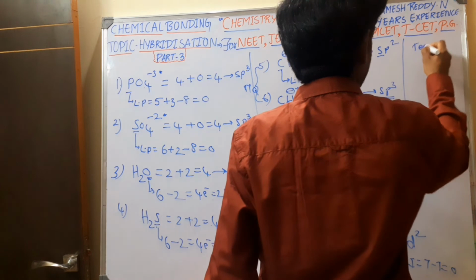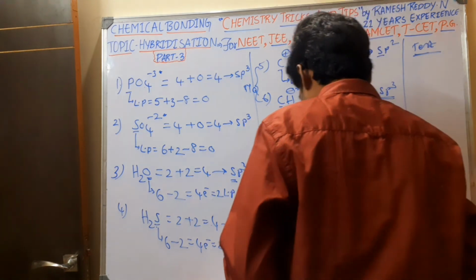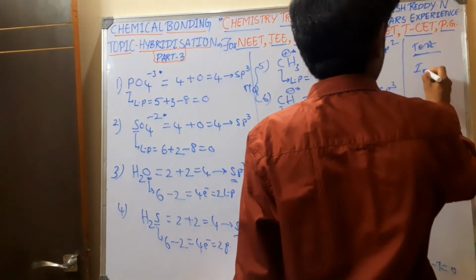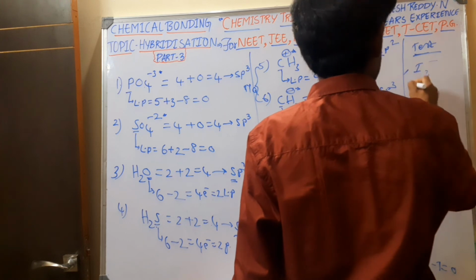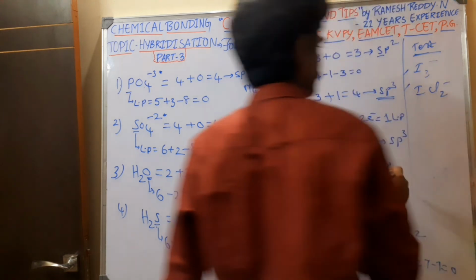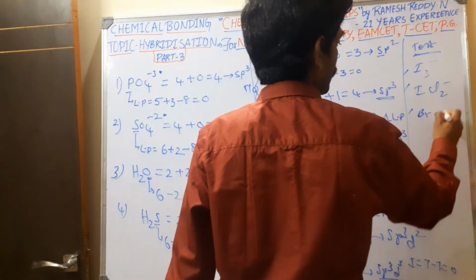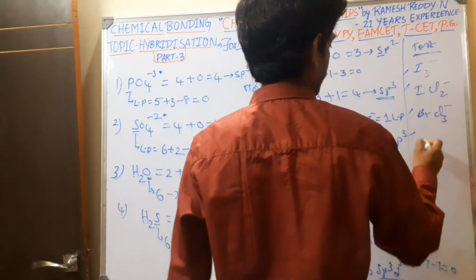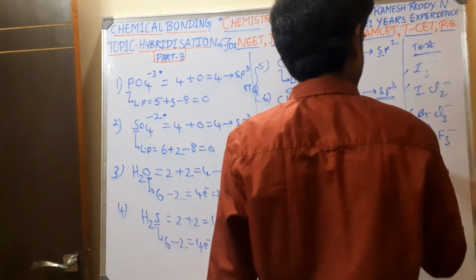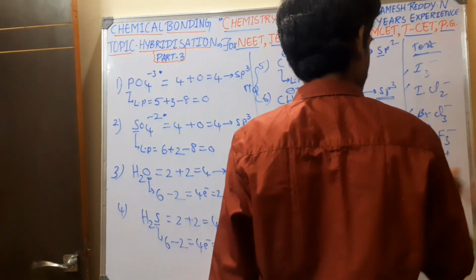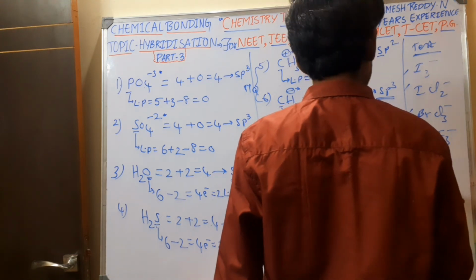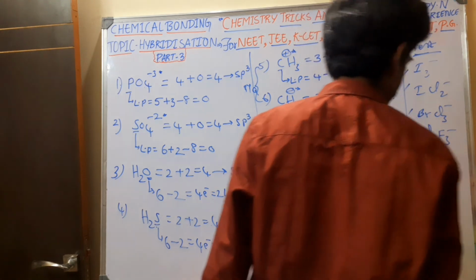Okay, my dear students, now I am giving some examples as a test. You can write these examples. These are all previous year questions. I3 minus, one example. Another one is ICl2 minus, then BrCl3 minus, then ClF3 minus, then NH4 plus, then H2Se, where the central atom is selenium, hydrogen selenide. Oxygen, sulfur, selenium are group 16 elements.